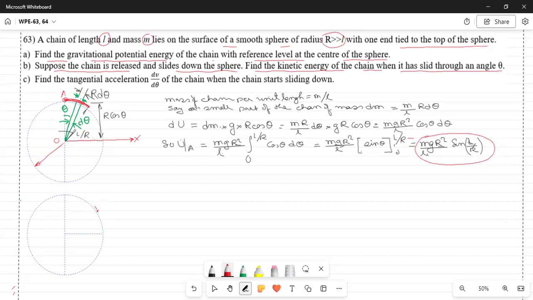Let us say the chain is here, and it has already slid down the sphere through an angle theta.